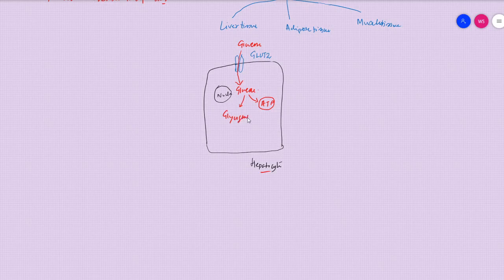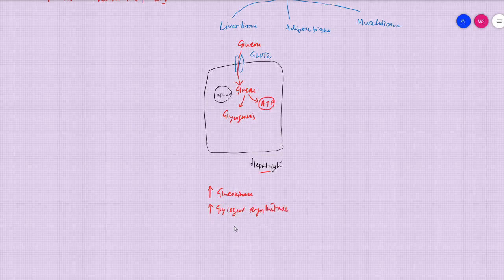So glycogenesis takes place. In the liver, because there is generation of ATP, there is increased activation of glucokinase. If you remember the glycolytic cycle, for the generation of ATP, glucokinase is the most important enzyme. Then there is glycogenesis, so there is increased glycogen synthetase.